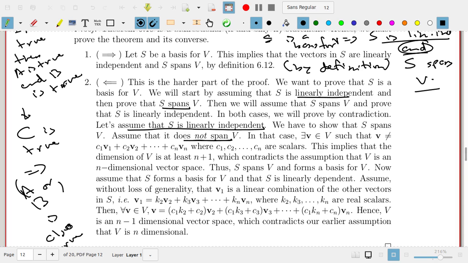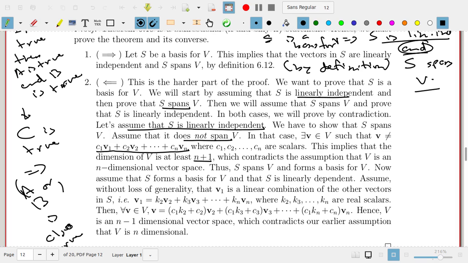In that case, there's a v in the vector space such that v cannot be expressed as a linear combination of the vectors in S. So this implies that the dimension of V is at least n plus 1, because if it cannot be expressed as a linear combination of the vectors in S, it means that you need at least another vector to express v.